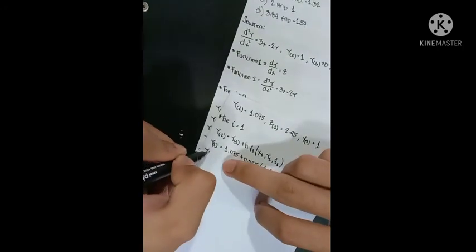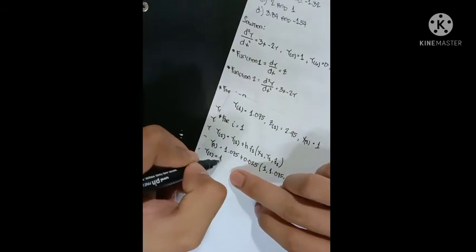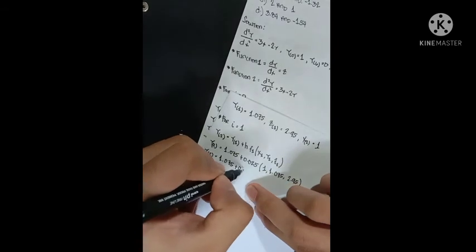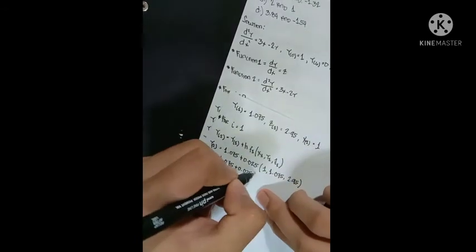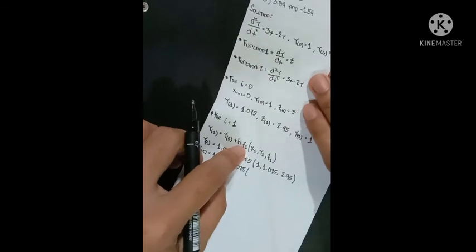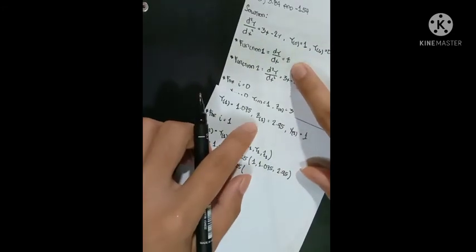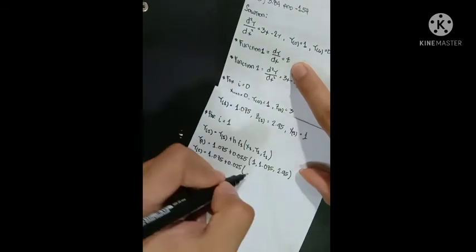So y2 is 1.075 plus 0.025 times function 1, which is equal to z, so z is 2.95.